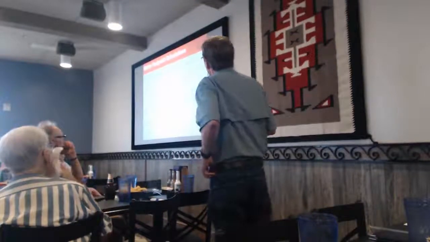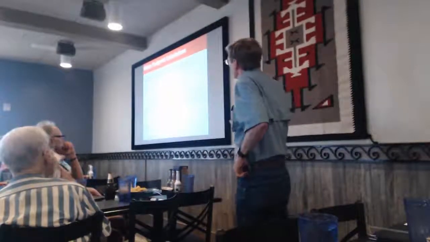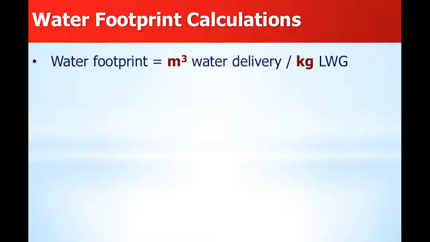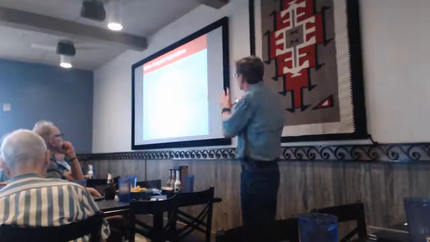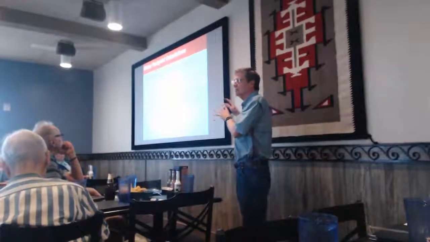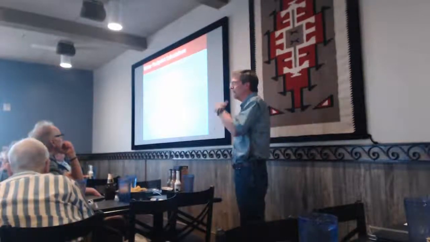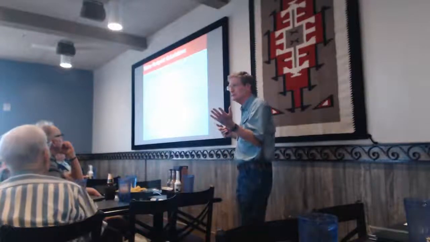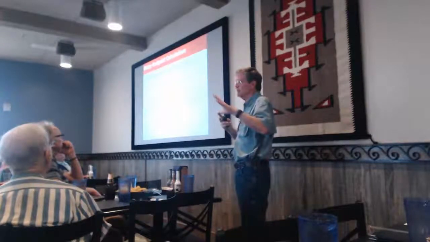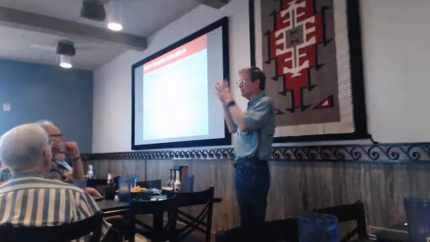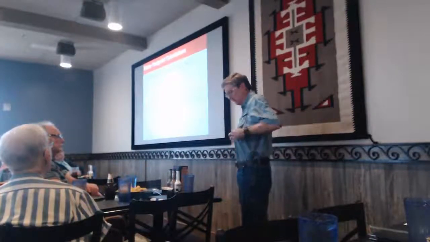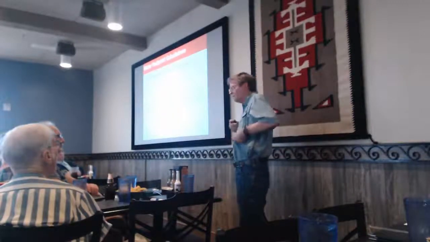Okay, so how do we calculate this? Water footprint, like I said, what we're using is the cubic meters per kilogram of live weight. So we're talking about volume of water and a certain mass of yield. It's not per acre. The area comes out. It's just volume per mass. It's like saying this shirt represents 50 gallons of water.